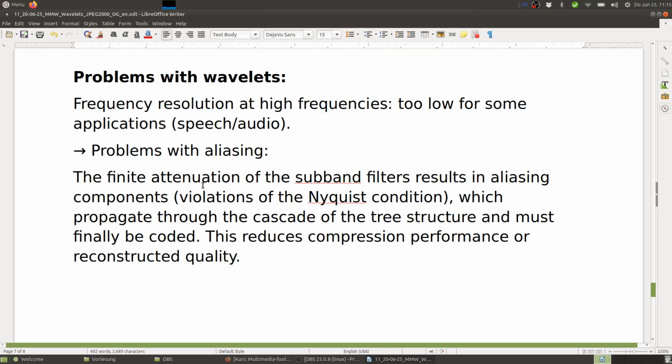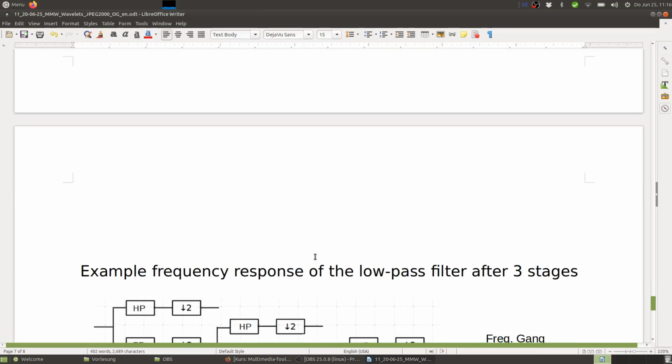So the finite attenuation of the subband filters results in alias components because of the violations of the Nyquist condition, which propagate through the cascade of the tree structure and must finally be coded. So the aliasing that appears in the first stage then also appears propagated in the second and following stages. This reduces compression performance or the reconstructed quality.